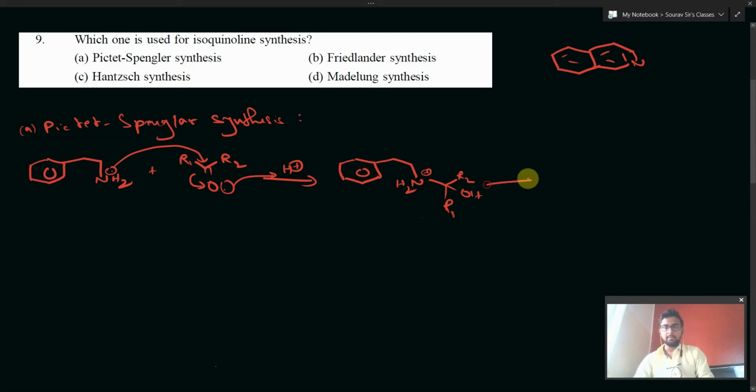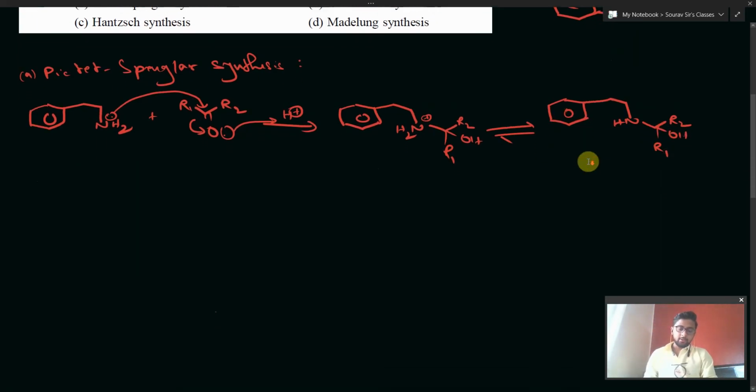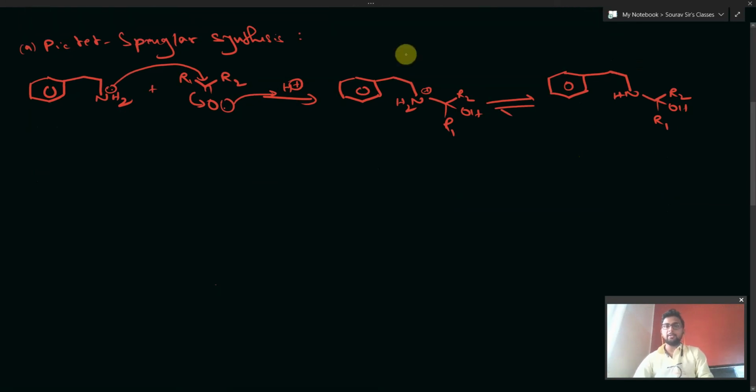Then there would be an exchange of H plus. This H would be released from the system to give NH, R2, OH, R1. Basically the system rearranges the H plus, so this H from the nitrogen gets attached to the oxygen, and we get OH2 plus.